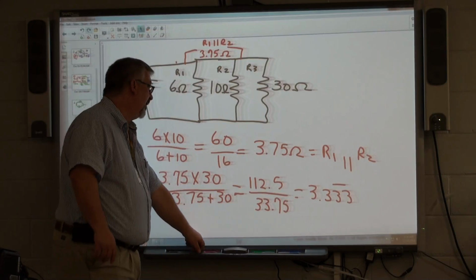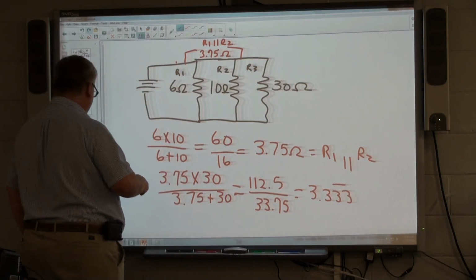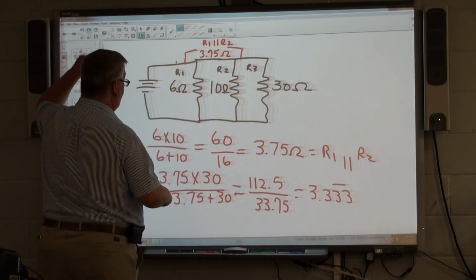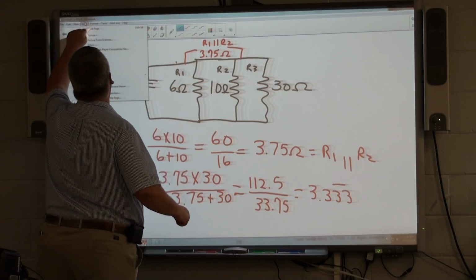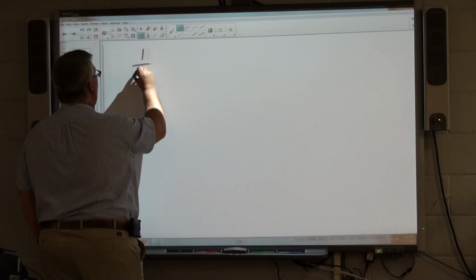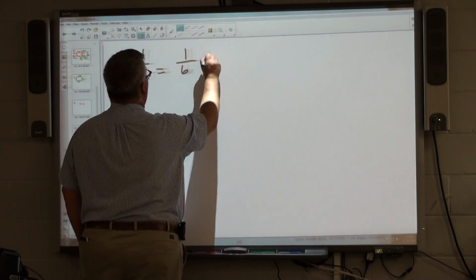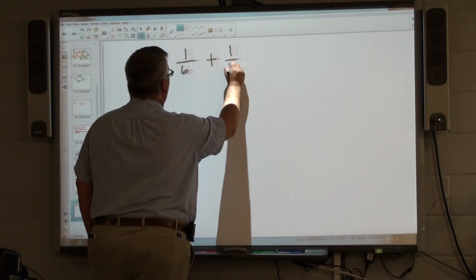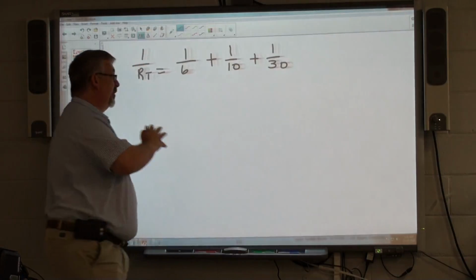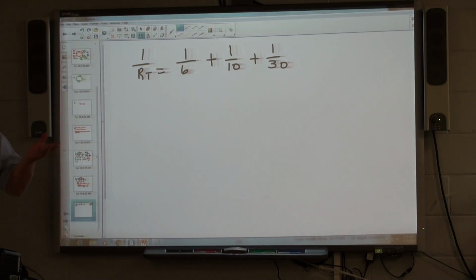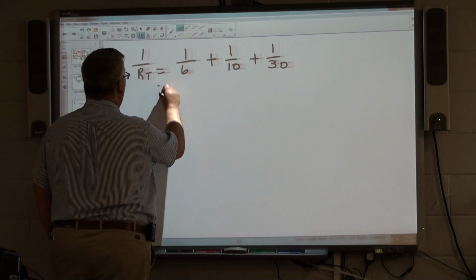Now we can do the same problem with the other formula. I'm just out of room, because I'm going to insert another page. It's 6, 10, and 30. So we're going to say 1 over RT equals 1 over 6 plus 1 over 10 plus 1 over 30. Now we don't have to do them two at a time here. We can do them all in one fell swoop. But we have to get a common denominator: 30.